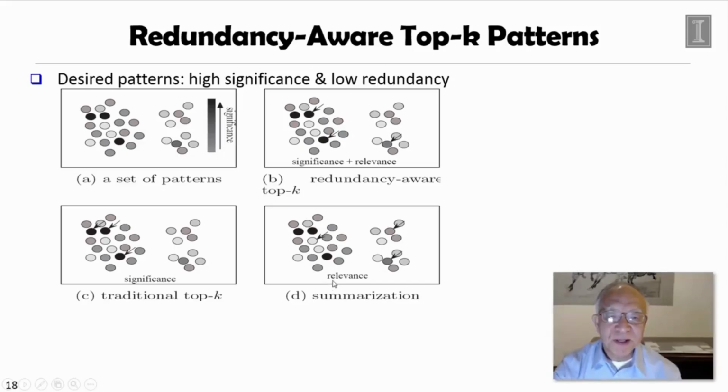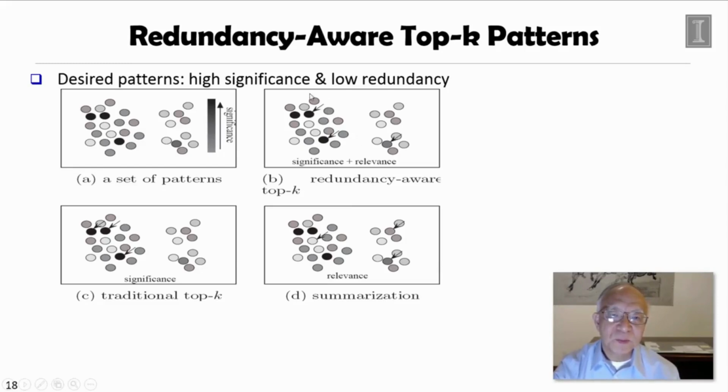But if you just do summarization, trying to find clusters and within each cluster find their centers, then you will probably find those less significant patterns. So this may not be a good balance. Actually, a better balance is to take care of both significance and redundancy.